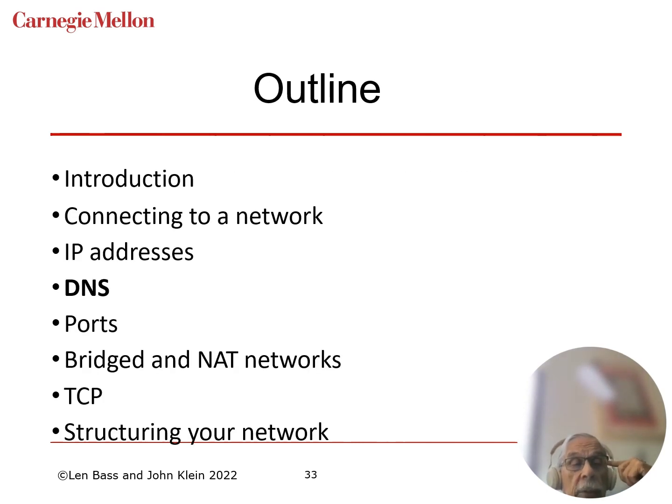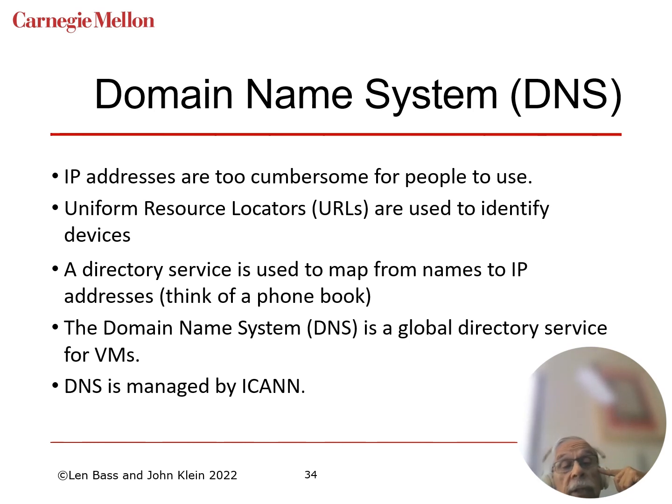Okay, moving on to DNS. So IP addresses are too cumbersome for people to use. And so there is a thing called a URL, Uniform Resource Locator, and that's what's used to identify a device. And then a directory service is used to map from the URL to an IP address.